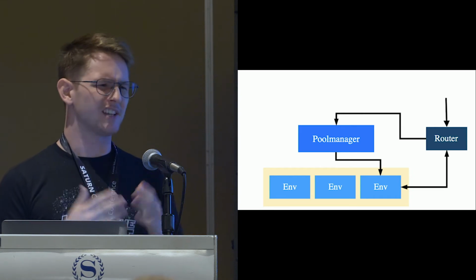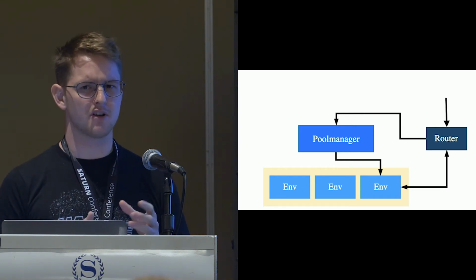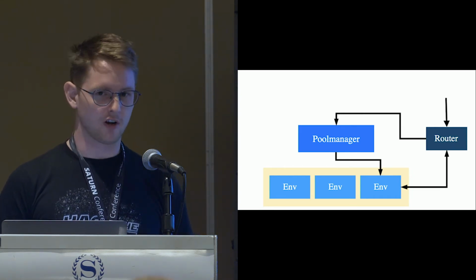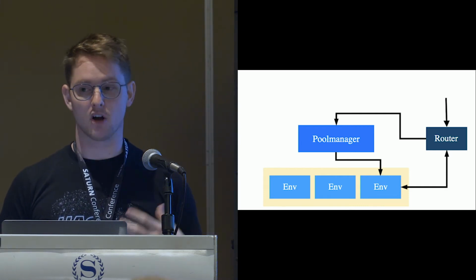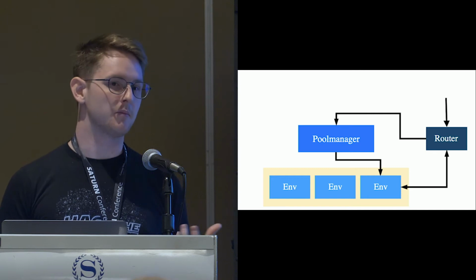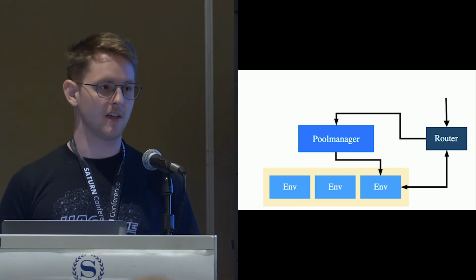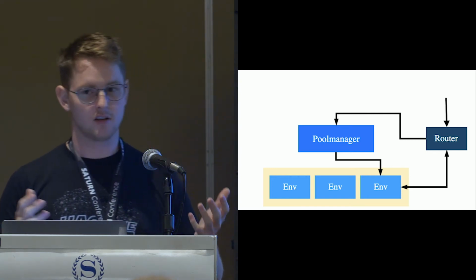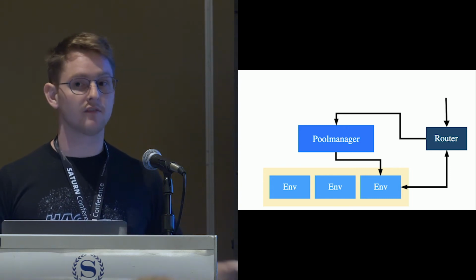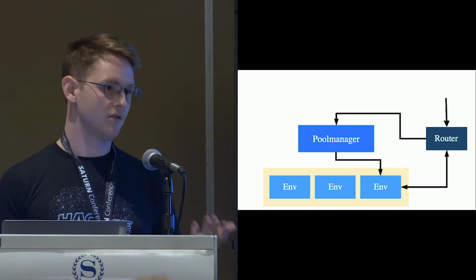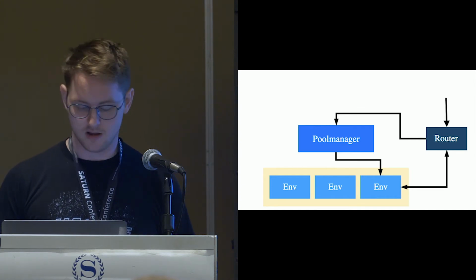And then there's this grace termination period. So subsequent requests to that function will go to that pod that has that environment already ready to go, right? But then after a certain period of time, if that function's not getting called, then the pool pod gets freed up for other functions to get thrown in and specialized and used, right?